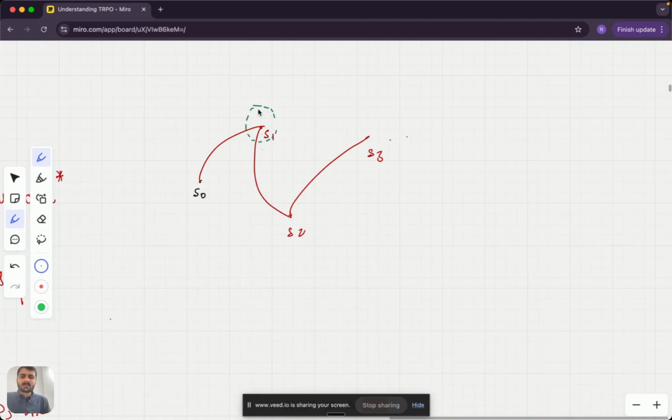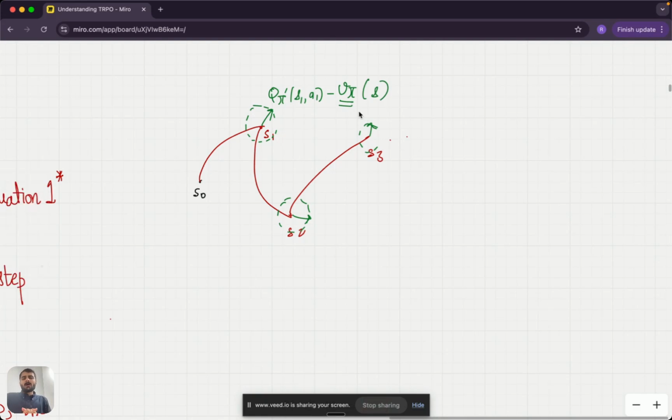The agent can take many actions, and the agent chooses one specific action as per the new policy, pi dash. And now, what we do is we take this new policy, we calculate q pi, and we subtract it from the value function which is calculated according to the old policy. This is how we are going to get the advantage, and we are going to understand how much better or worse the new policy is compared to the old policy.